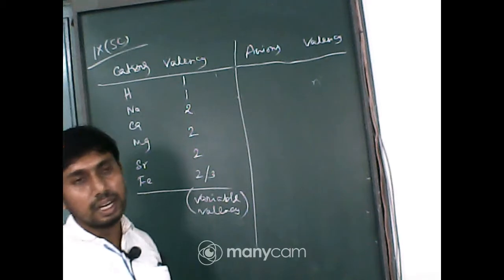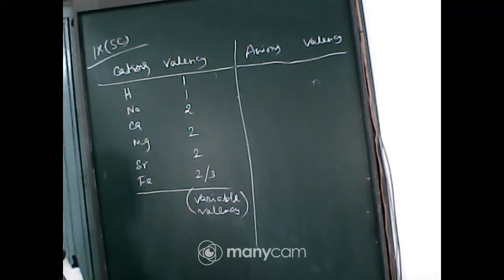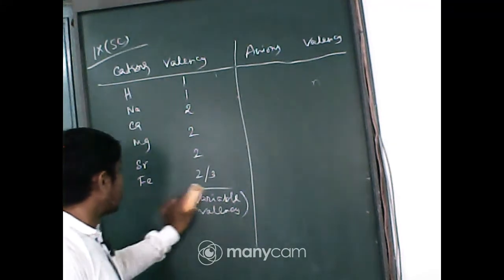All the transition elements, so manganese, all the transition elements, that is D block elements, show such kind of property. Clear?